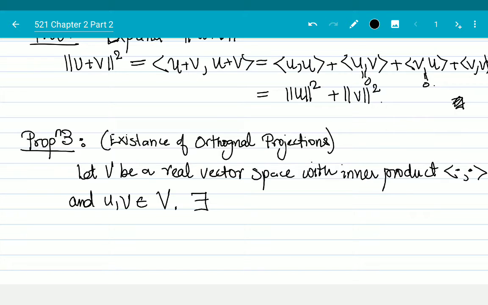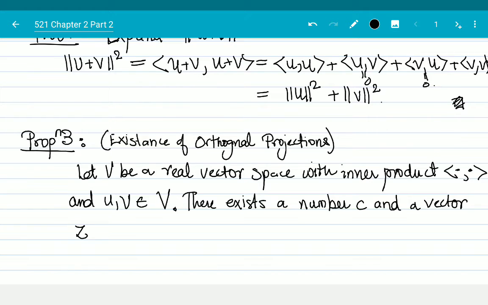There exists a real number C and a vector Z such that U is equal to CV plus Z and the inner product of V comma Z is equal to 0.